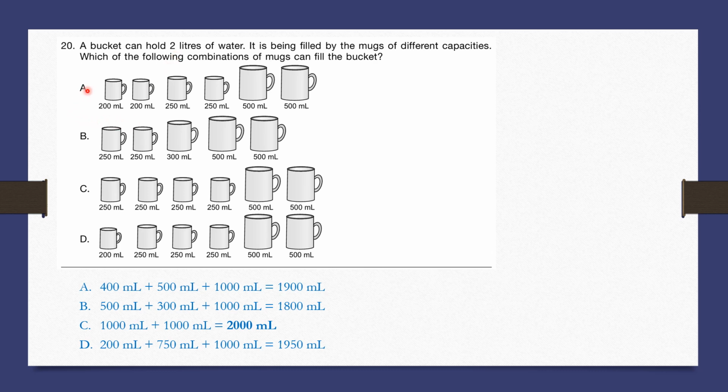So let's see option A. It is 400 milliliter plus 500 milliliter plus 1000 milliliter equals 1900 milliliter. Let's see option B. This is 500 plus 300 plus 500 plus 1000. So total is 1800. Let's see option C. This is 1000 and this is 1000. So 2000 milliliter equals 2 liters. So our answer is option C.